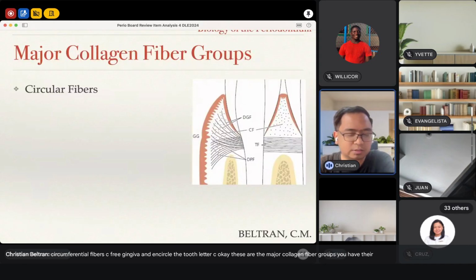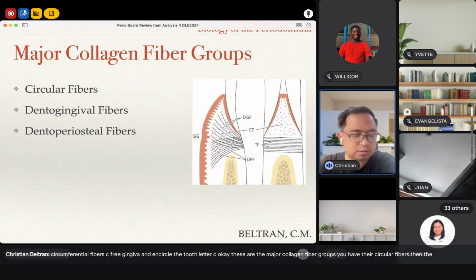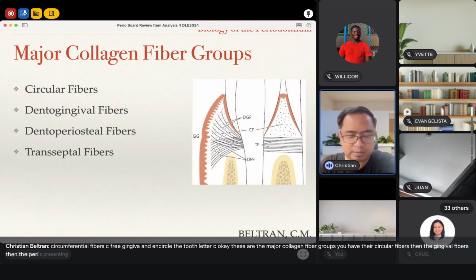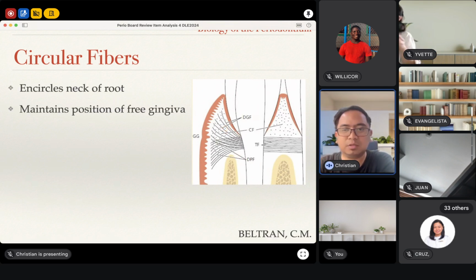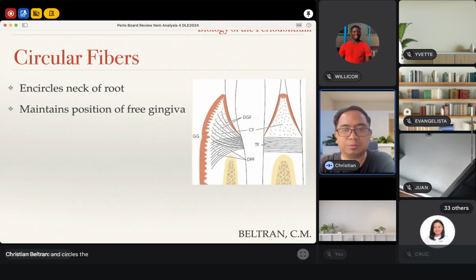You have your circular fibers, dentogingival fibers, dentoperiosteal fibers, and transeptal fibers. So basically, when you say circular fibers, it would encircle the tooth. Okay, that's your circular fibers. Encircles the neck of the root.